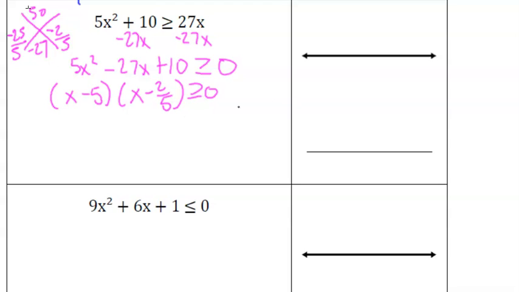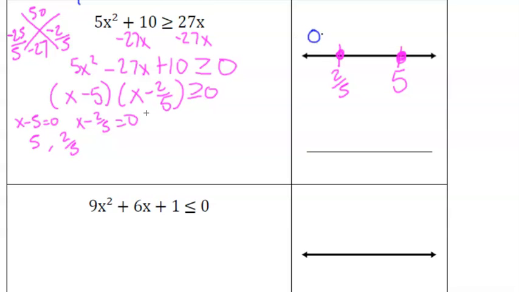Okay, from here, let's find our two critical values. And then we get 5 and 2/5. Write these in order from least to greatest, and then now we're going to do some test points.